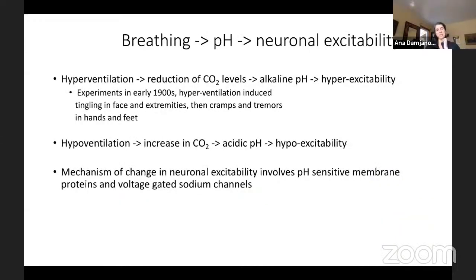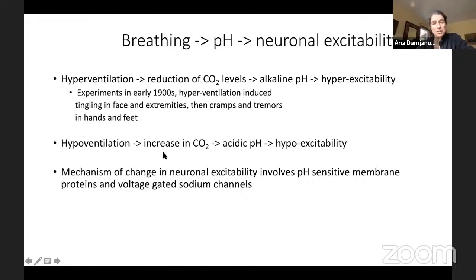Now, this is just some interesting facts, actually, that with breathing, you affect your blood pH, and that in turn can influence the neuronal excitability. So, for example, if you hyperventilate, it results in reduction of CO2 levels and in more alkaline pH, and that in turn induces hyperexcitability.